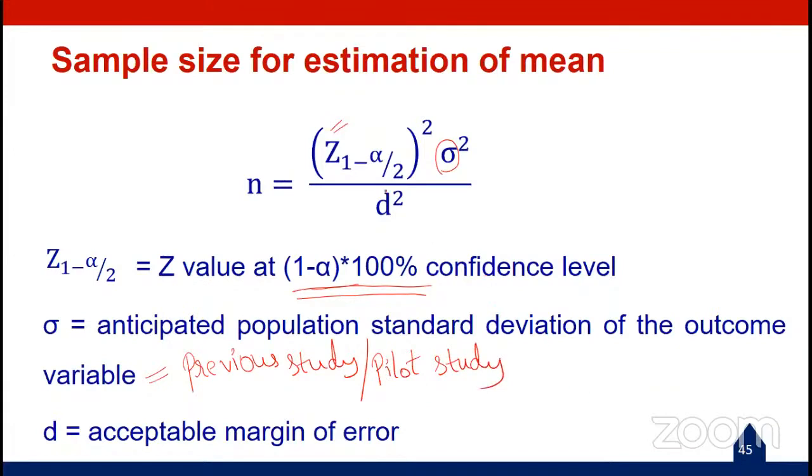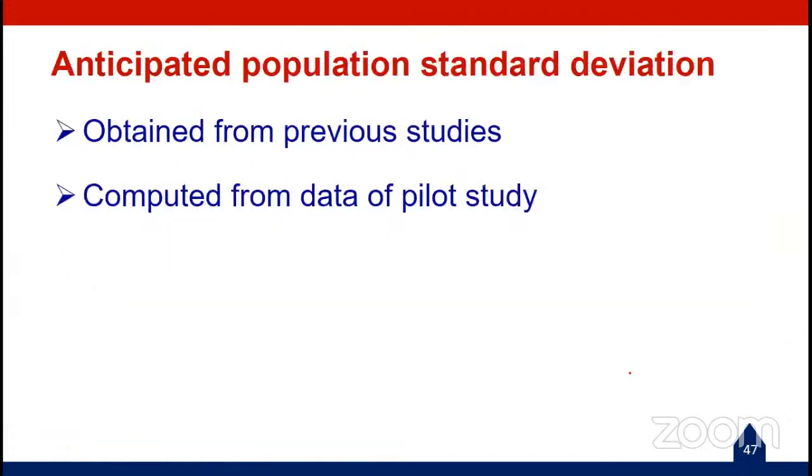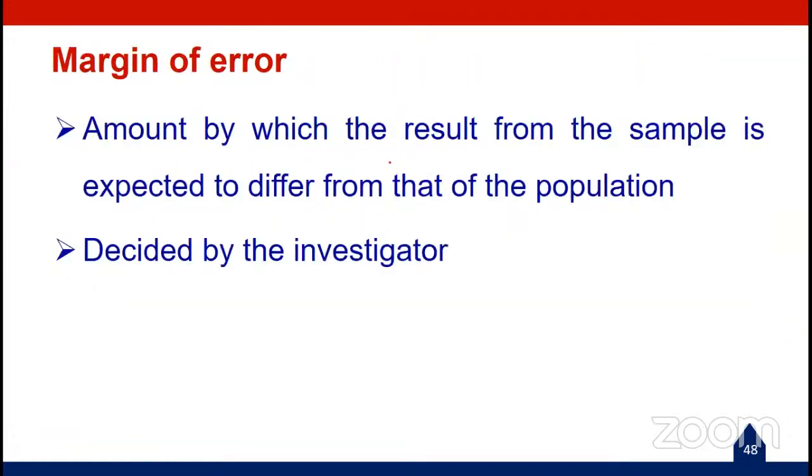And D is called margin of error. D is the margin of error, the amount by which the result from the sample is expected to differ from that of the population. Assume that you are doing a complete enumeration of the population, so you get one mean, then you do a sampling and compute a mean from the sample.